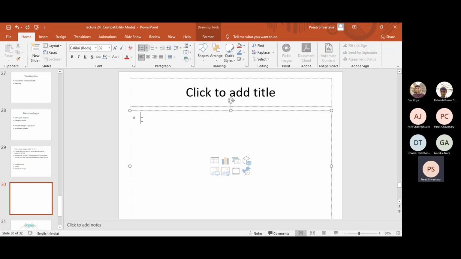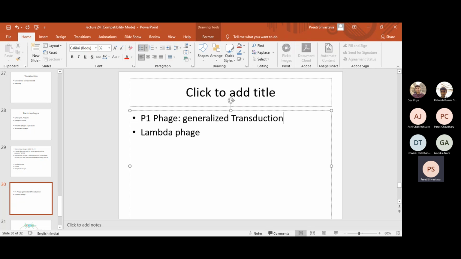The phages that are used are actually P1 phage and lambda phage. Both are used for transduction. P1 phage mediated transduction is called generalized transduction. Why it is called generalized transduction, I'll be telling you later.